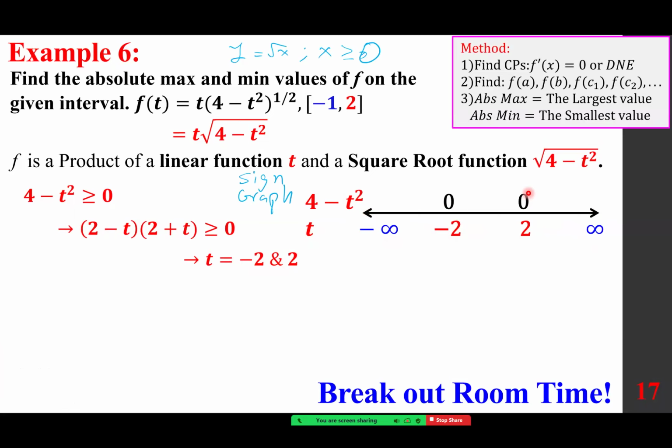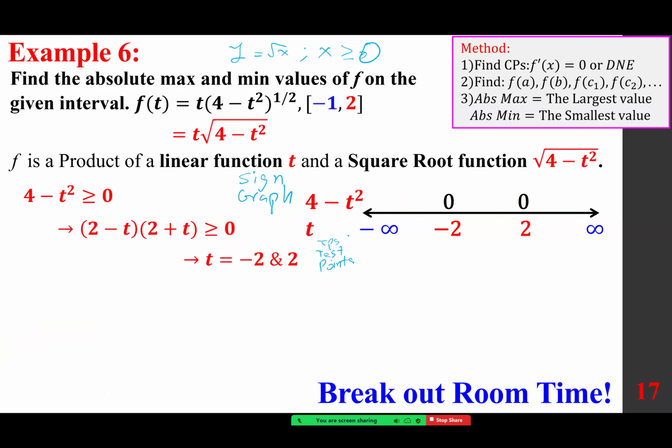So what do you want to do with the sign graph? You want to figure out whether the sign is positive or negative, and how do we find it? We find it using TPs, short for test points. I'm reminding you of something we learned in algebra.